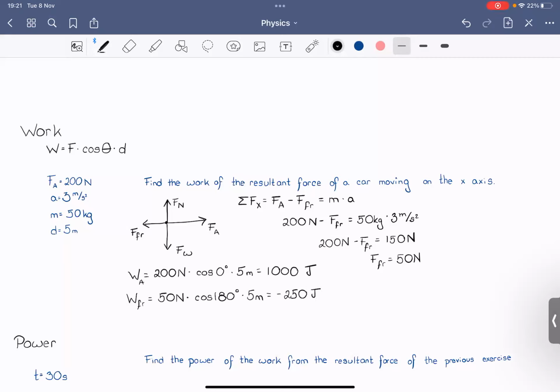Now, to get the resultant work, or the net work, we're going to have to do the sum of these two. Therefore, work of our resultant, or net work, it's the same thing, is equal to 750 joules.